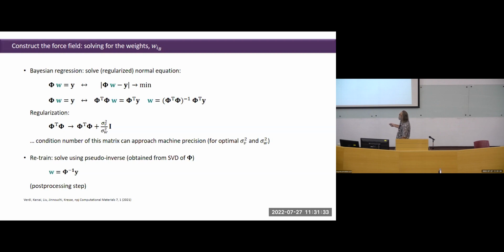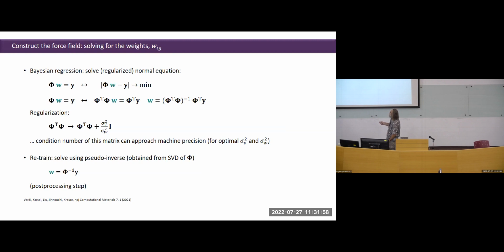The remaining problem is that when we regularize it optimally, often the condition number of the resulting matrix can be really horrible and approach machine precision. So we cannot always optimally regularize that particular equation.